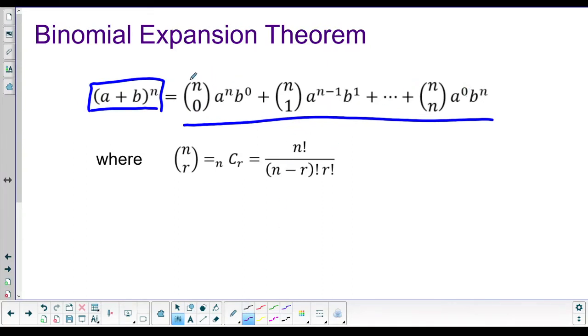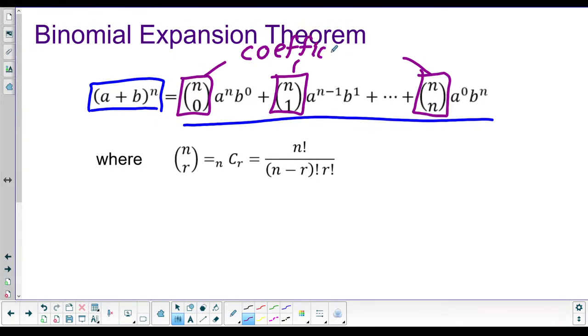The first thing we want to look at are these things here. These things are going to be coefficients. Let me write that out so the people who are listening to lo-fi know what to write. These are coefficients. Cool. And the way you find these coefficients is by doing combinations.